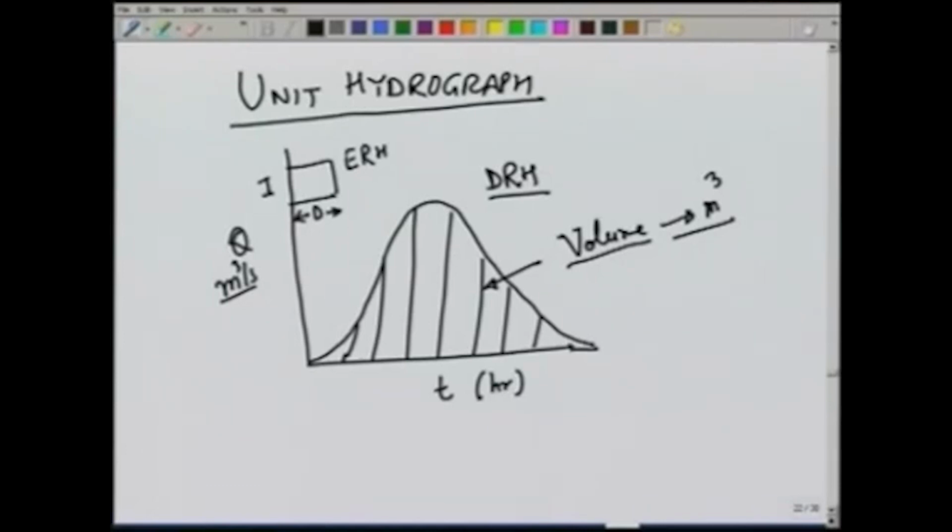And what we have said earlier is that this rainfall, this ERH, is occurring uniformly over the entire catchment area.